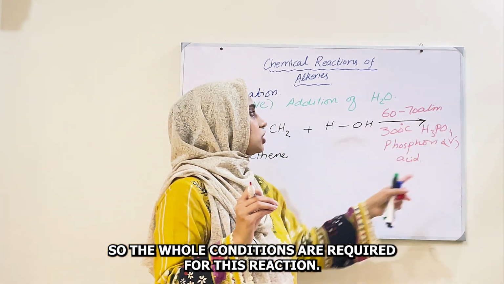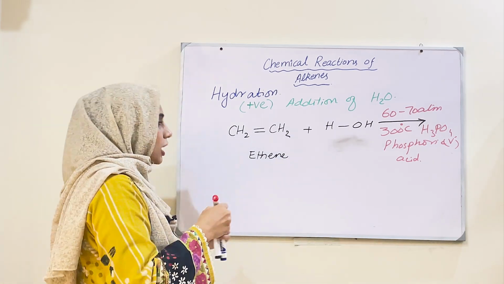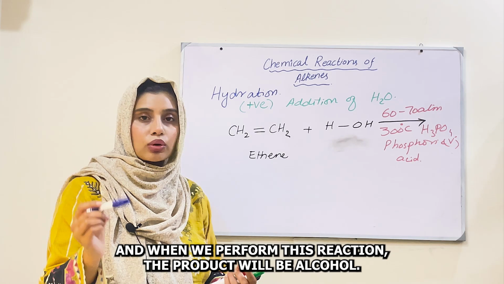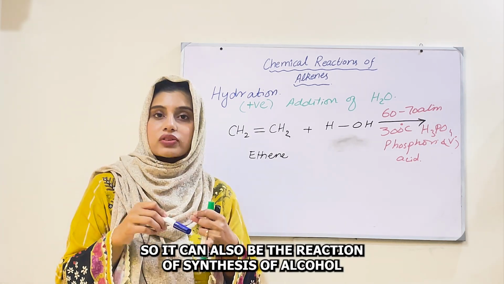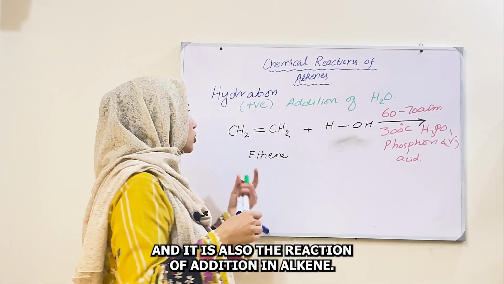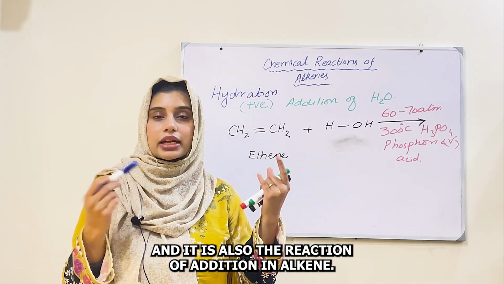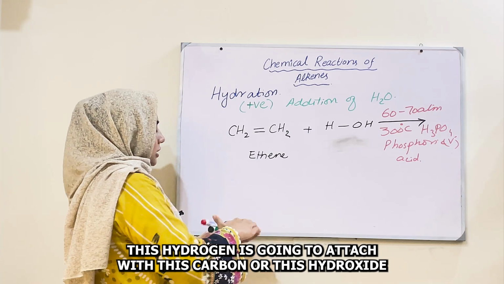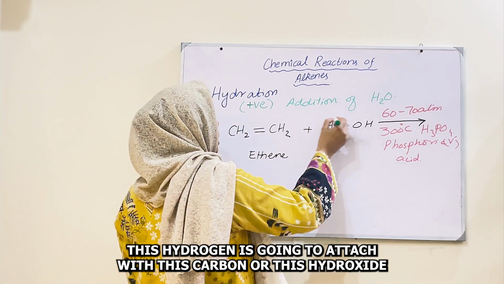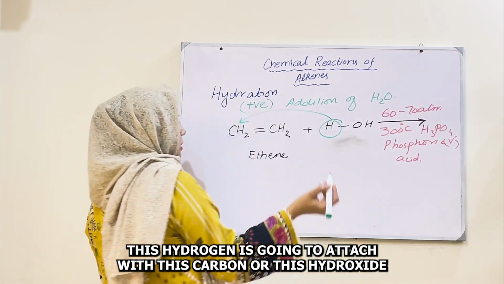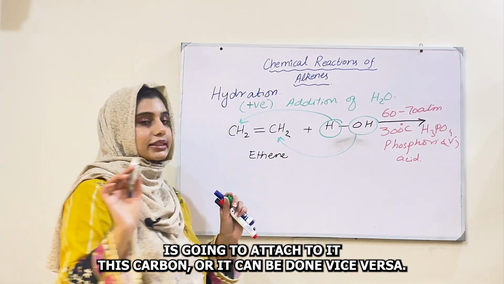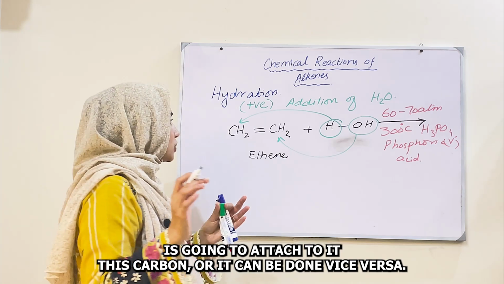The whole conditions are required for this reaction, and when we perform this reaction, the product will be alcohol. It is also the reaction of synthesis of alcohol, and it is also the reaction of addition in alkene. So this hydrogen is going to attach with this carbon, and this hydroxide is going to attach with this carbon, or it can be done vice versa.